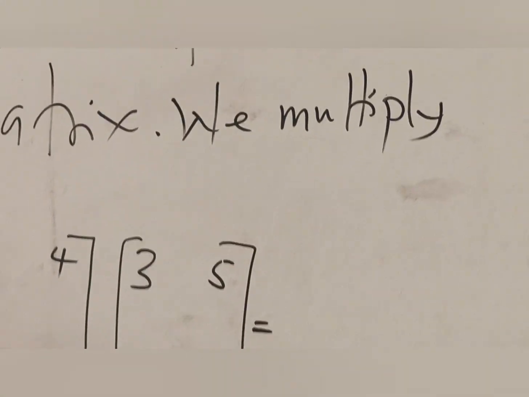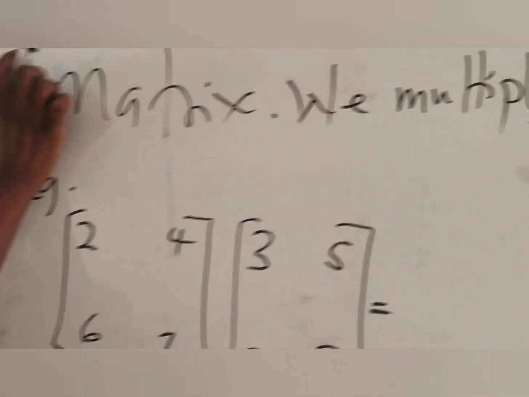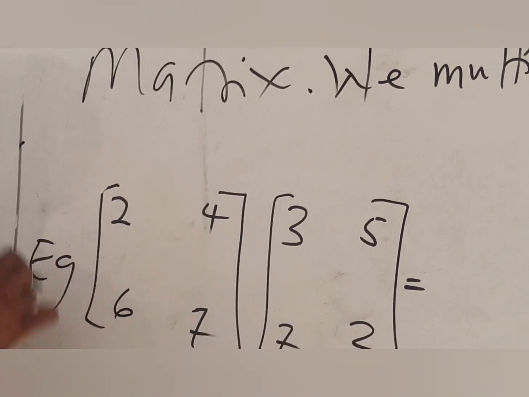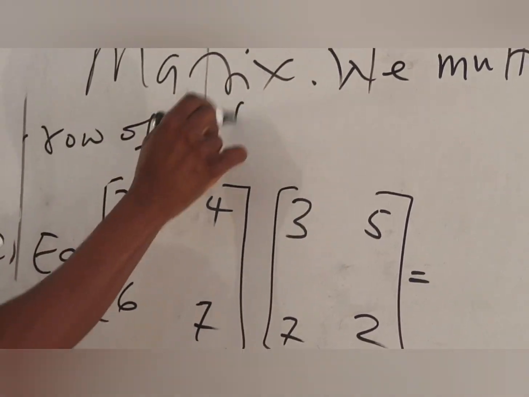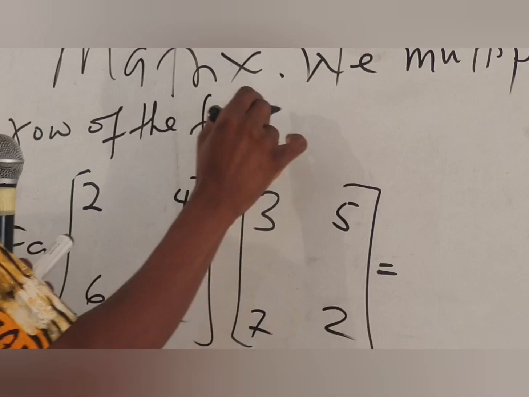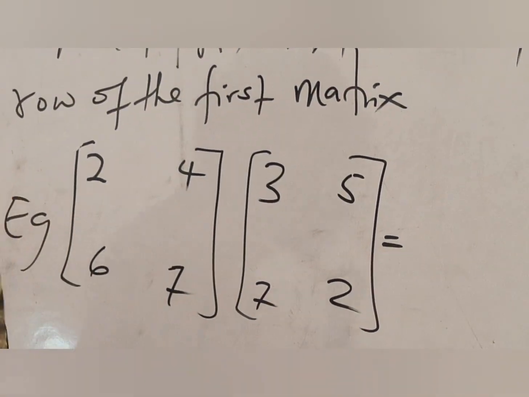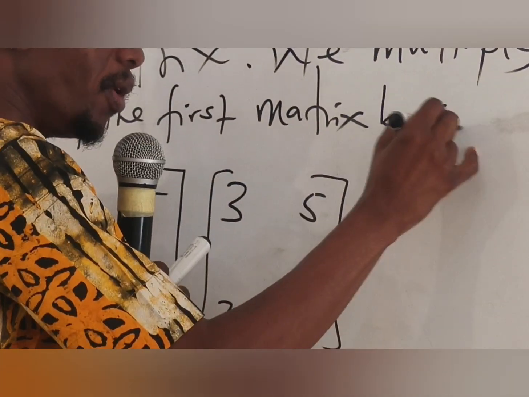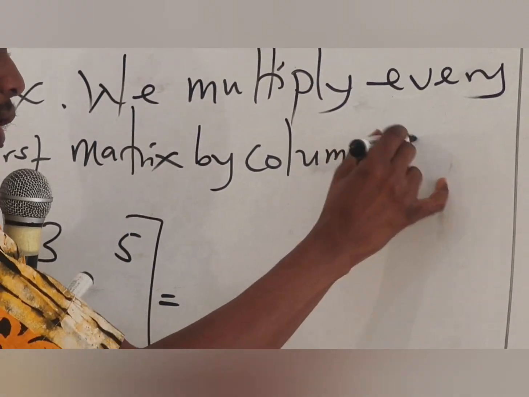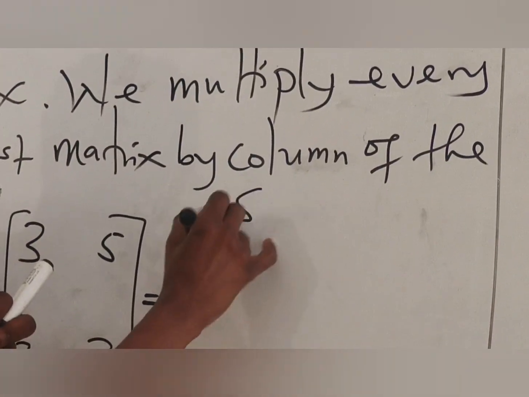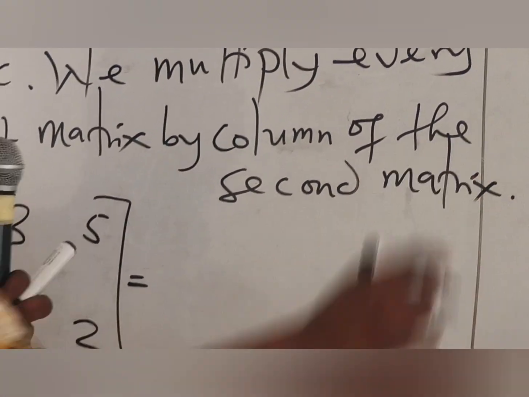We multiply every row of the first matrix by every column of the second matrix. So that is the rule for multiplying.